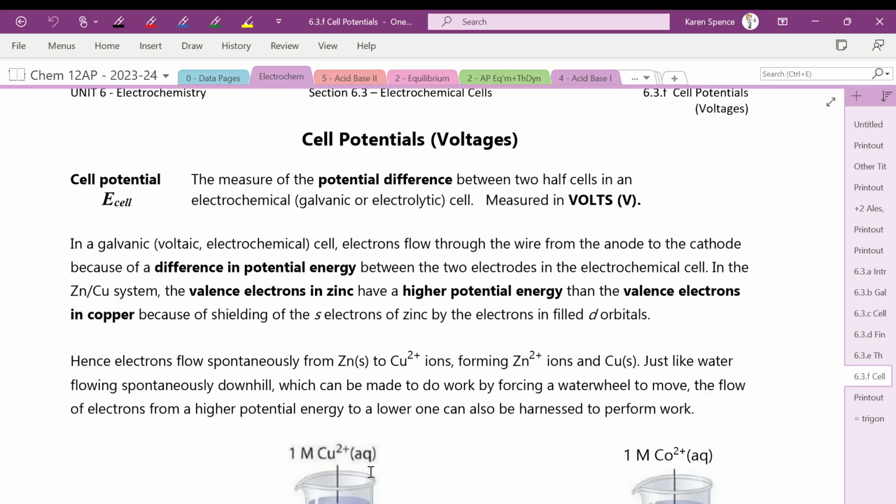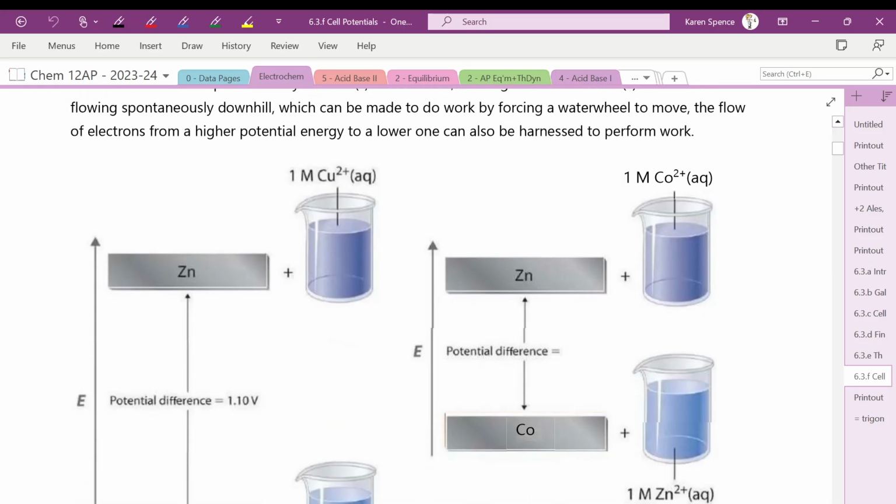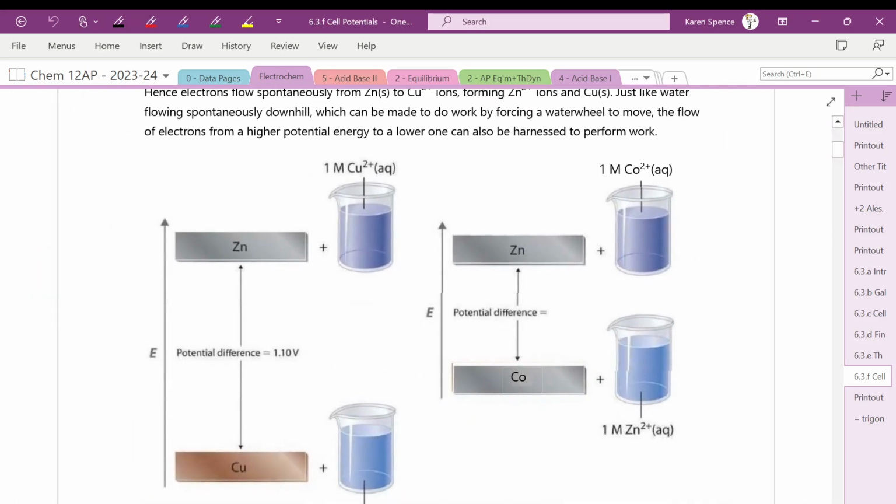Okay, good. So here, we have zinc at a certain potential, and copper is at a certain potential. And the potential difference between those is 1.10 volts.